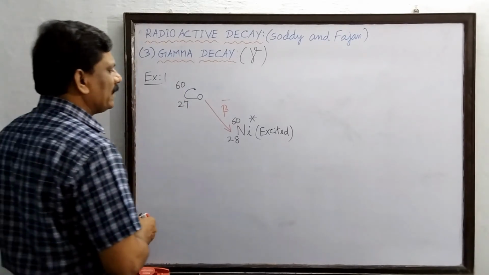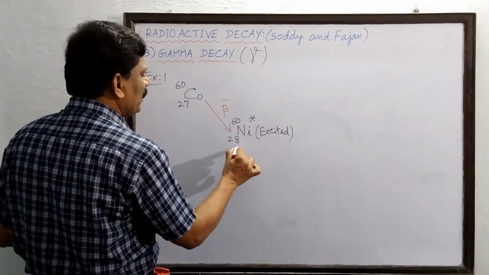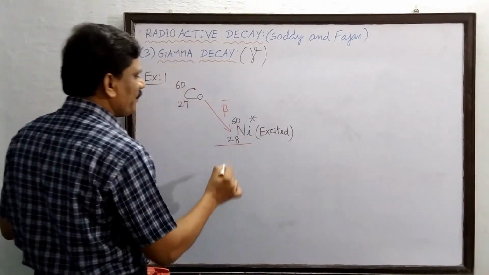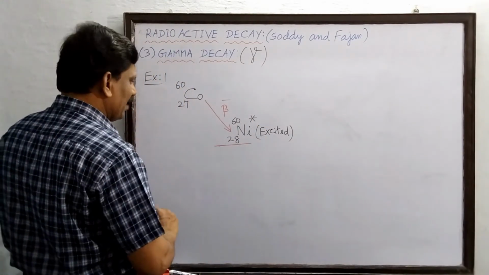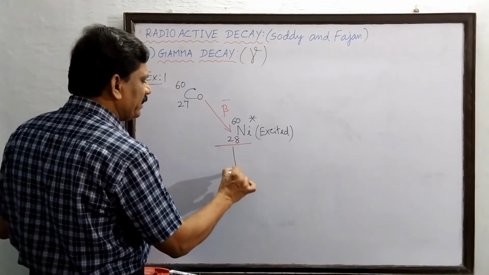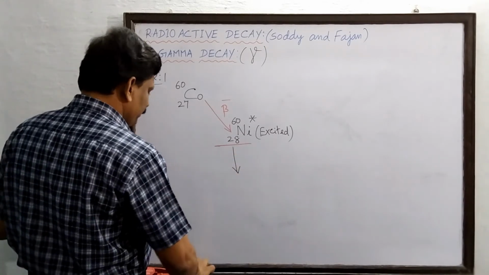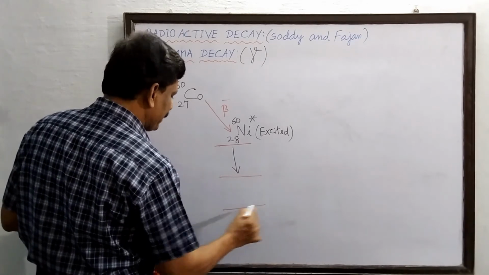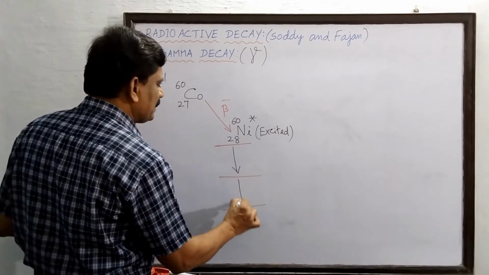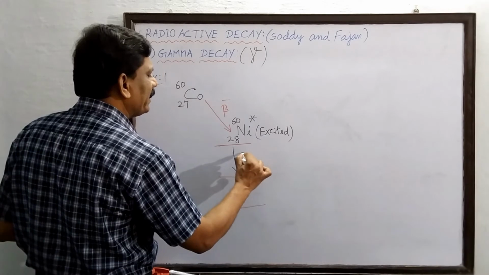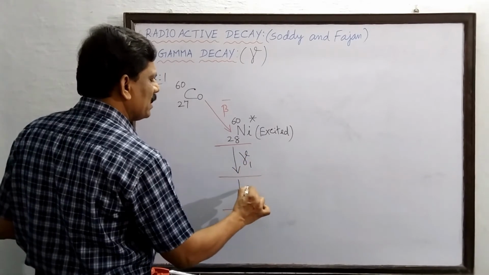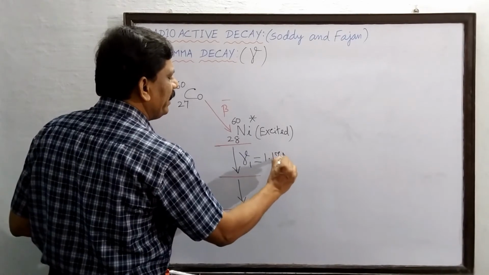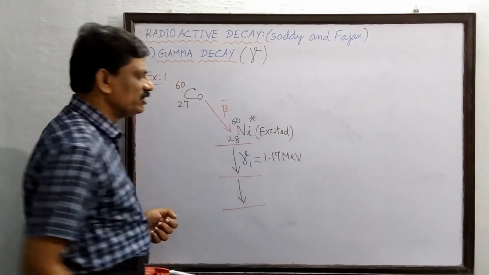Okay students, now let us see what type of photon it is emitting. This is the excited state. From here it is coming to the ground state in 2 steps. In the first step it is emitting a gamma ray photon, gamma 1, equal to 1.17 million electron volt of energy.